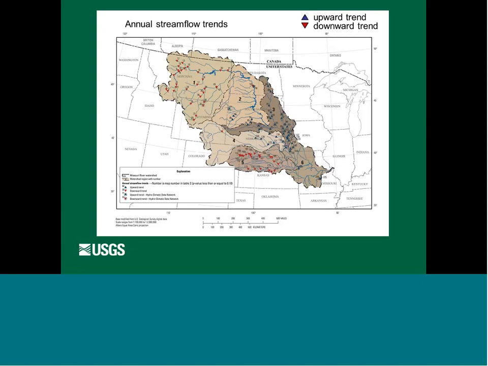What this plot also shows is these triangles. You can see these red triangles that point downward, and blue triangles that point upward. Those are locations of gauges that had significant trends, either upward or downward, in annual streamflow over that time period, 1960 to 2011. This is a figure from a pub that's coming out. You can see three populations here, and here's one of downward trends.